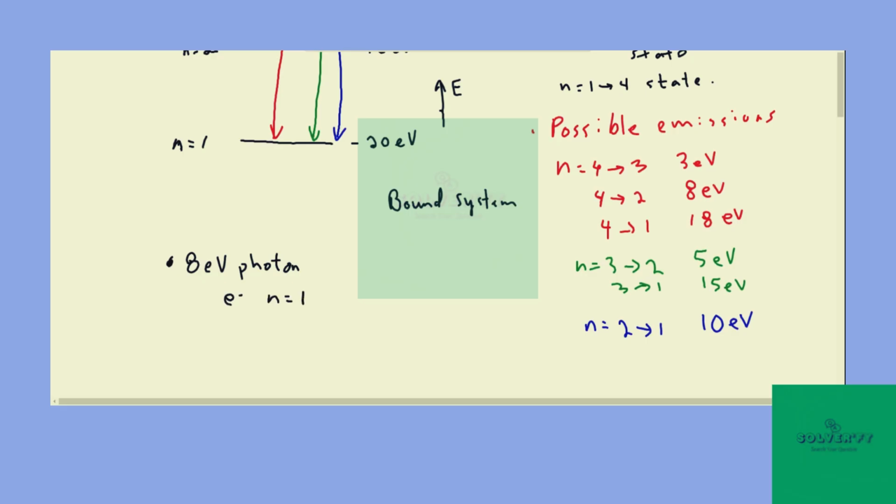And if we look at all the potential transitions, 1 to 2 takes 10 electron volts, and then there's some higher ones. What we see is there's not enough energy for that photon to do anything. And so the photon will go through the material. Photon does not interact and goes on its merry way.